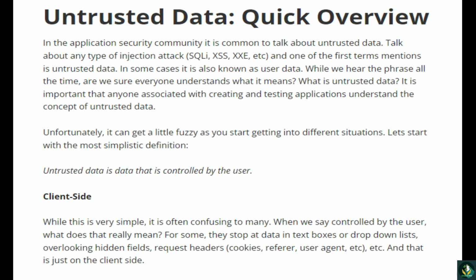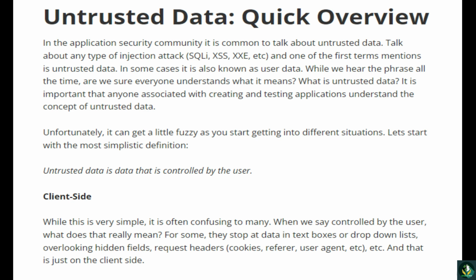What is untrusted data? It is important that anyone associated with creating and testing applications understands the concept of untrusted data. Unfortunately, it can get a little fuzzy as you start getting into different situations. Let's start with the most simplistic definition.